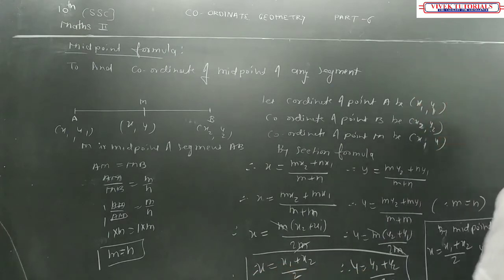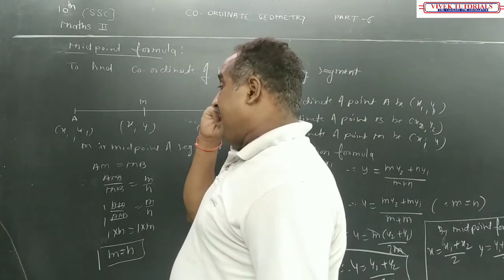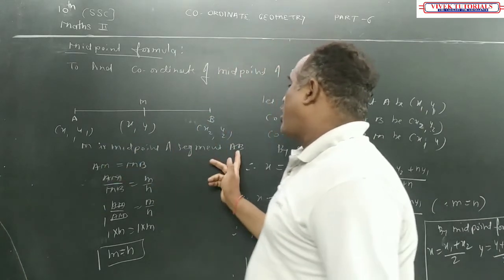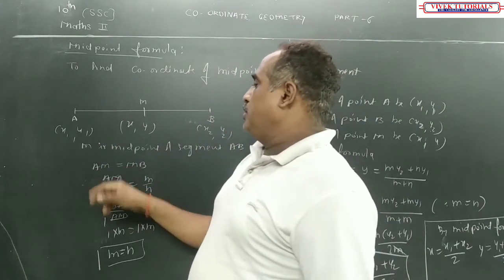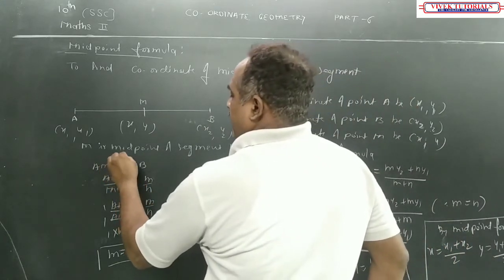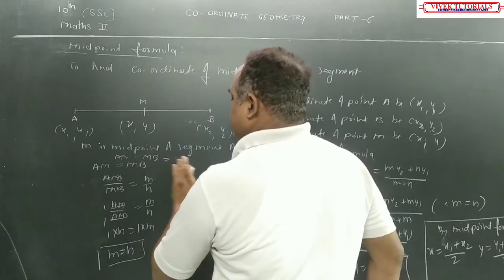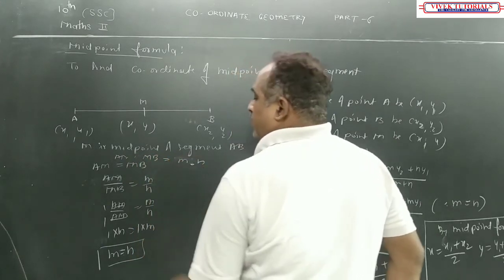Okay? So once again, M is the midpoint of segment AB, और ये divide करता है. So if I can say that AM is to MB is equal to, suppose m is to n है, but problem क्या हो गया?